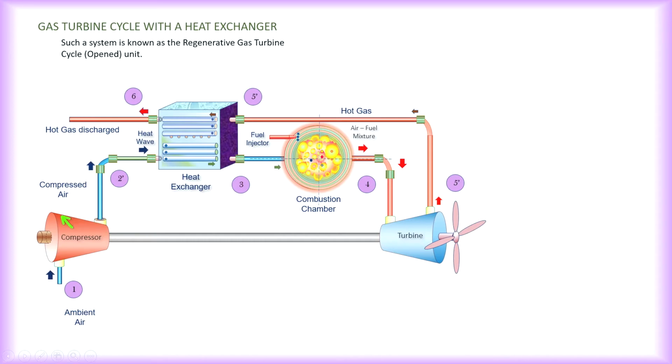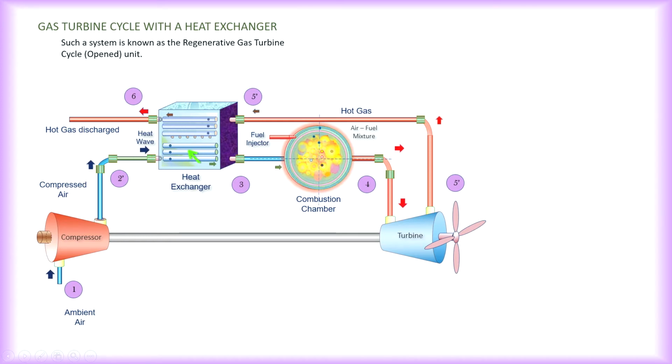So you have a compressor, turbine, a combustor or combustion chamber, and a regenerator. This regenerator here will exchange heat between the hot gas, shown in red, with the cold air, with the A stream.